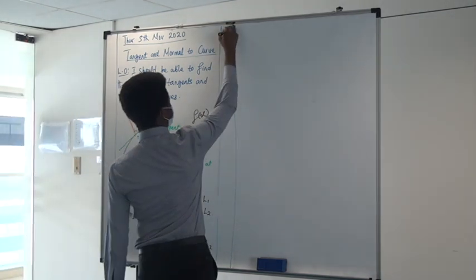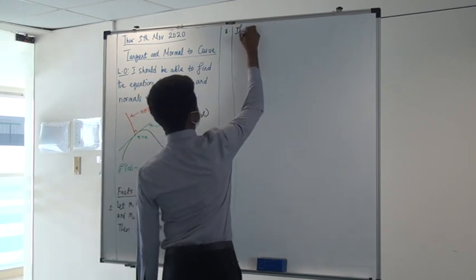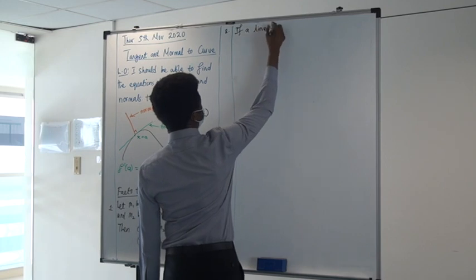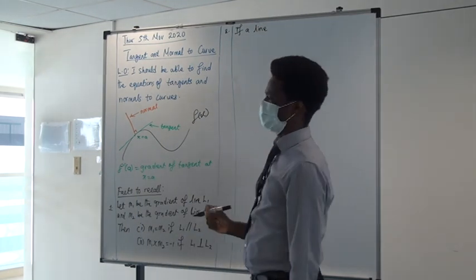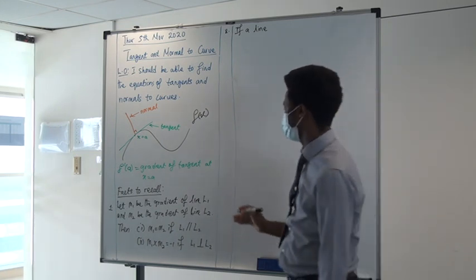Another fact that we will need here. If a line, or should I say equation of a line, there are different forms of finding the equation of a line, but only one is what we need, so I just focus on that.